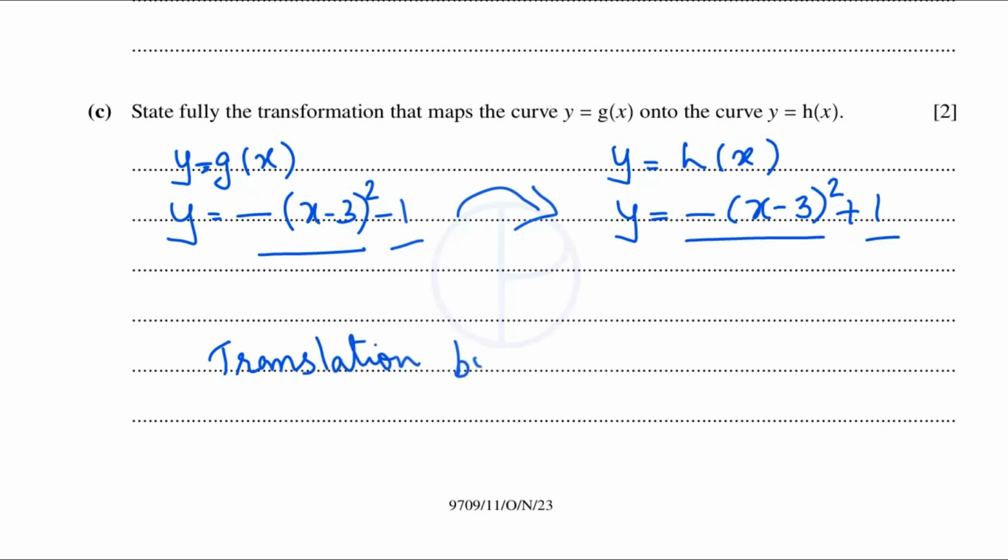Along the x-axis there is no translation, and along the y-axis it is 2. So the vector is (0, 2). With this, if you add 2, you will get this.